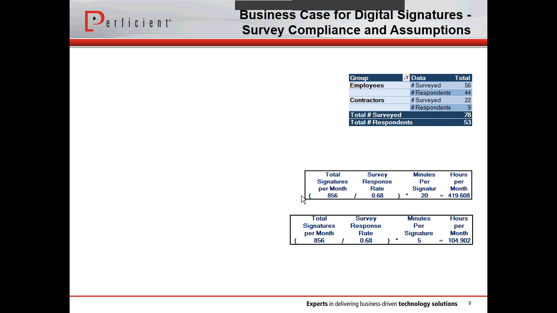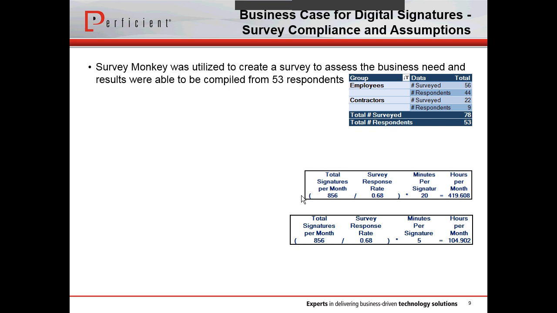We wanted to do a general survey to get information about how much time we are spending on making paper-based signatures, what the time savings would be, and whether it would be worthwhile for us to bring in a solution and validate it and do all the training associated with it. Is there enough of a business case there? So we created a survey using SurveyMonkey, and just wanted to assess the business needs. We were able to get responses from 53 of our employees and contractors.